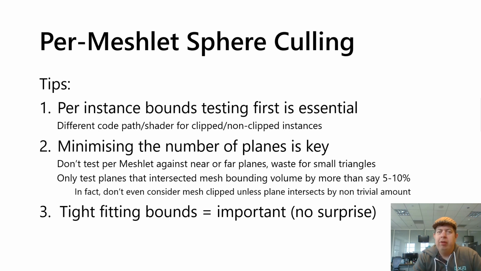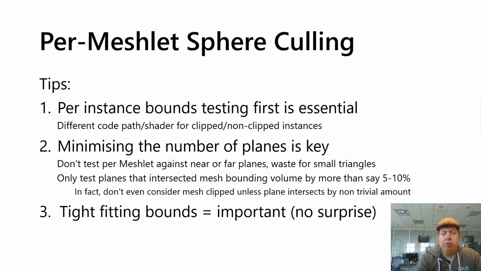So some tips. So first off, per instance bounds testing, that is essential. So this is what you're doing already for determining whether something's visible, not visible, or clipped. So we're only going to go down this clip path for objects that need it. Secondly, minimize the number of planes is key. So for the Per-Meshlet testing, I found there was no point in sending a near or far plane.